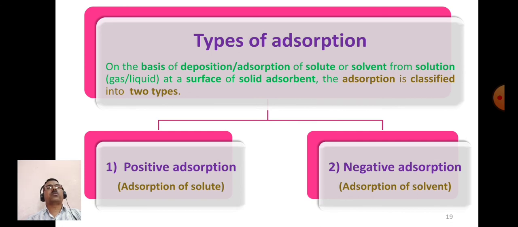So adsorption of solute at the surface of adsorbent from solution is called positive adsorption, whereas when the solvent gets accumulated or concentrated at the surface of adsorbent, then that adsorption is known as negative adsorption.